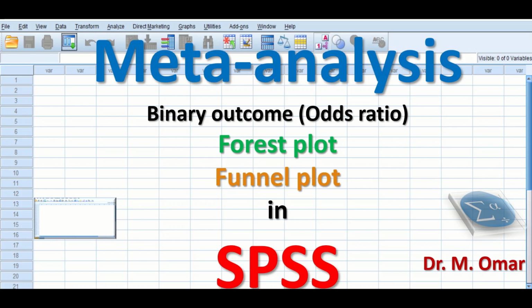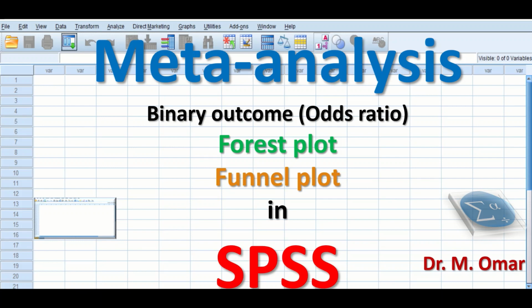Those studies are independent, but they all address the exact question, or they have a similar objective for that study. So the first part is the literature review or systematic review. The second part is the meta-analysis.